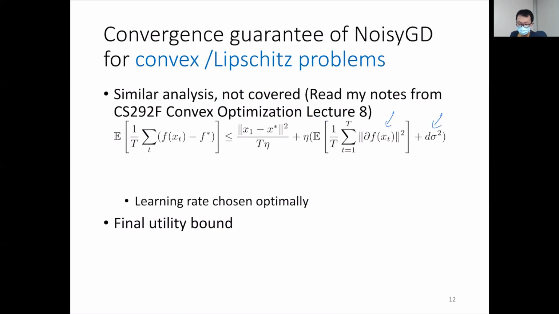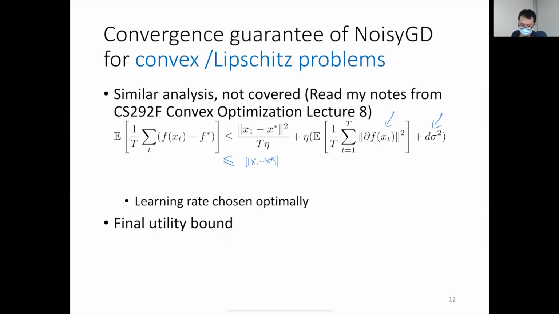We can still work with this by choosing the learning rate arbitrarily to minimize these two bounds. So we can choose this eta optimally, and that gives us the square root of the product of these two. And we've worked this out many times already.